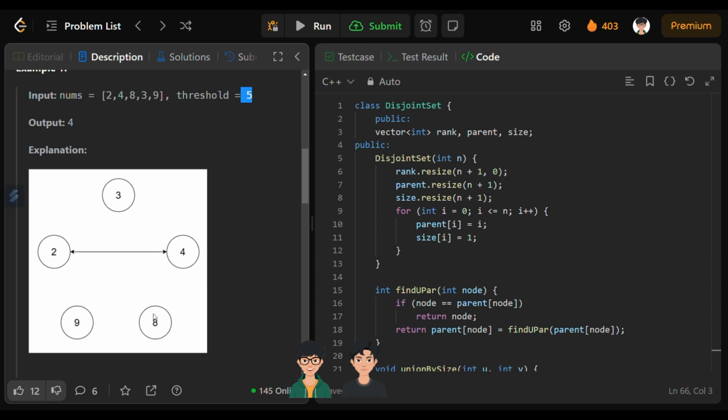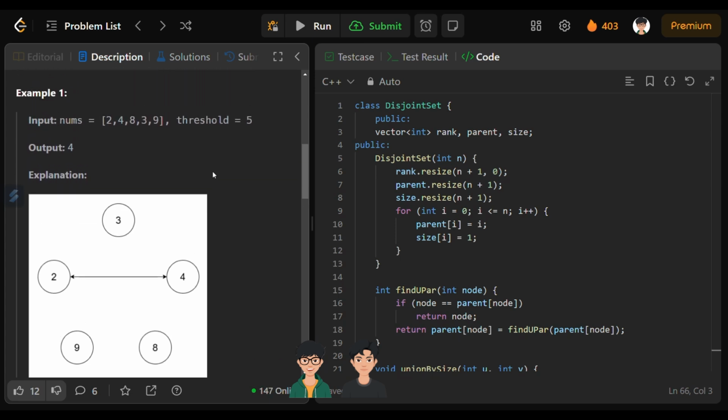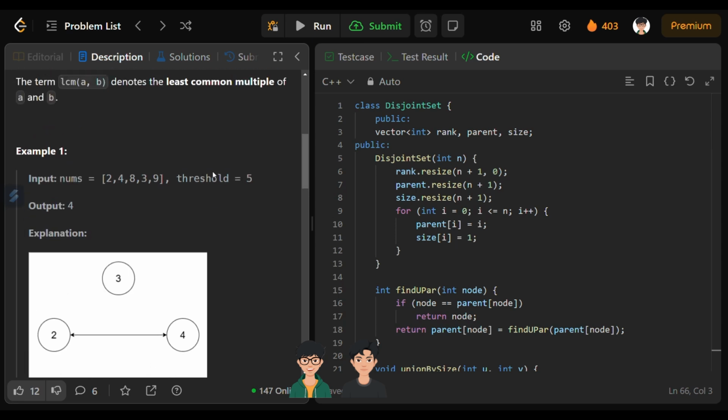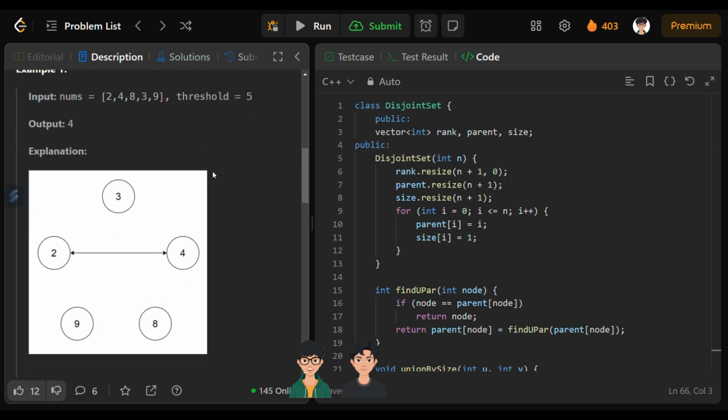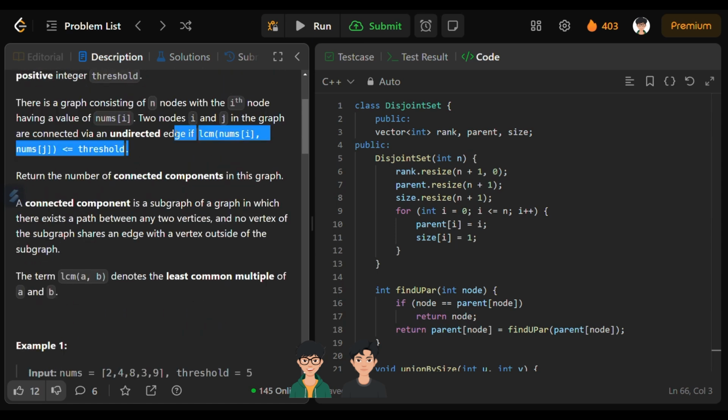The LCM of 4 and 8 is 8, and this is also not less than or equal to threshold. So there is only an edge between two nodes, 2 and 4, and this is the final graph. The graph is made by this condition, which is a very important condition.